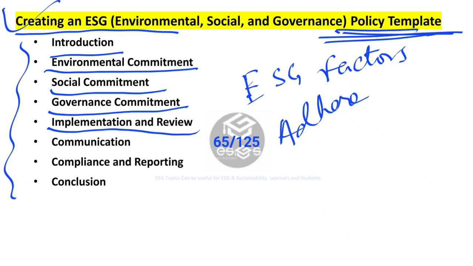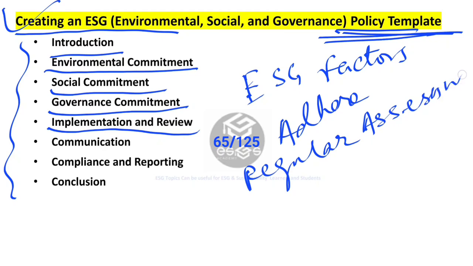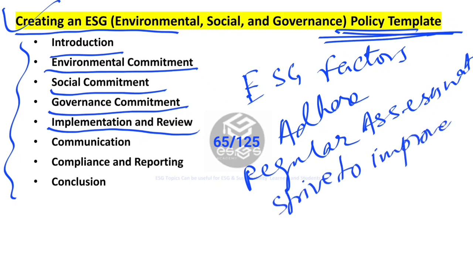In the monitoring and continuous improvement, we can say that we monitor our ESG performance through regular assessments, evaluations and audits. Also, we continuously strive to improve our ESG practices and performance.